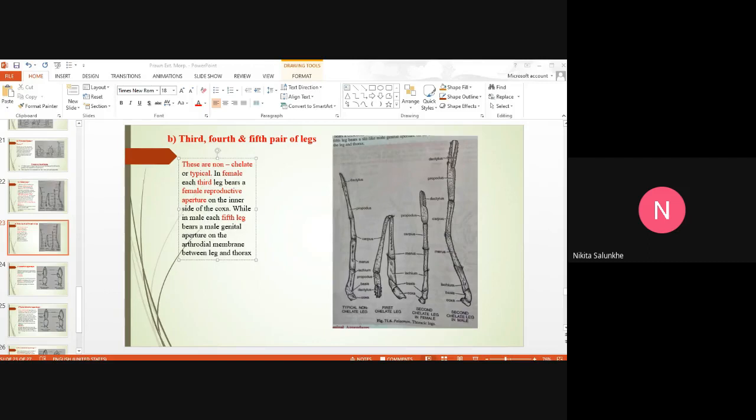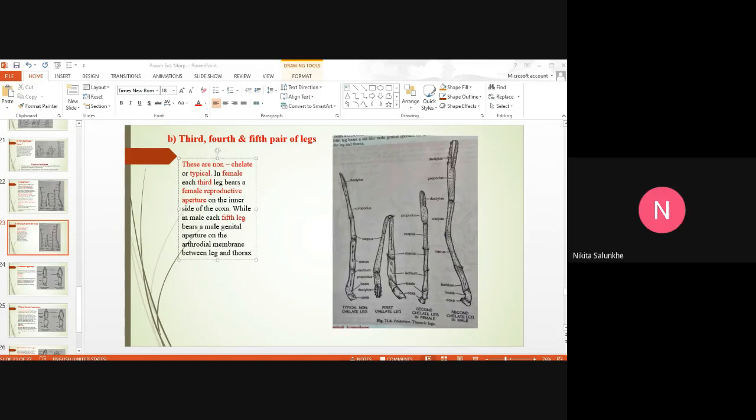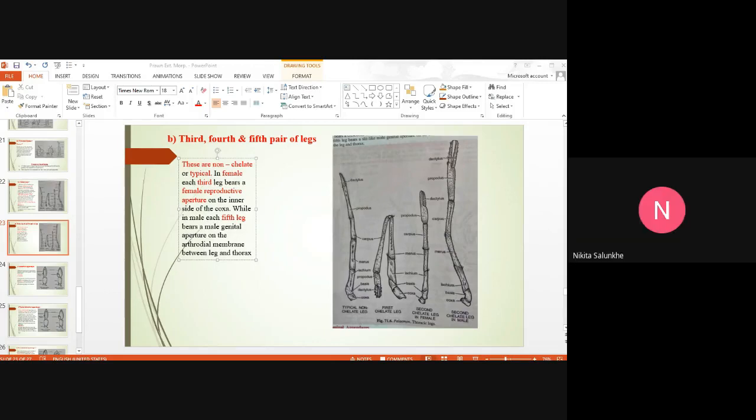Cephalic has 5 pairs and thoracic has 8 pairs. First is cephalic. In cephalic, first is antennules, second antenna, third mandibles, fourth maxillule, and fifth maxilla.